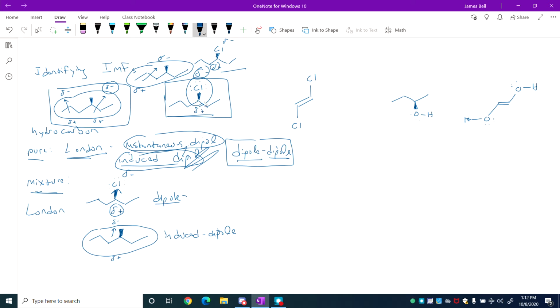So through random shifting, there will be moments where the electrons shift even more in one direction, creating an even larger quantity of partial negative and partial positive, so the attractions can be stronger at times. And that adds to the attraction between those structures and means that we would also have London forces in addition to the dipole-dipole there.